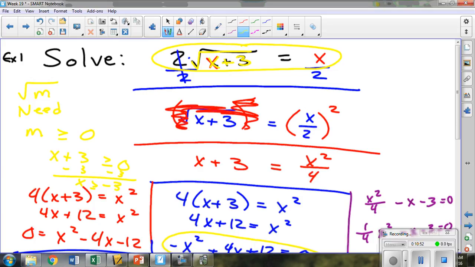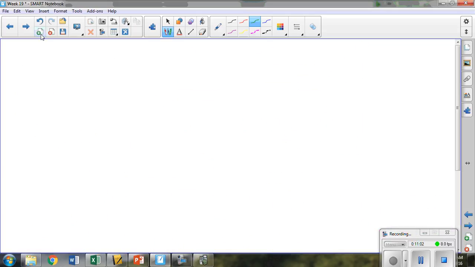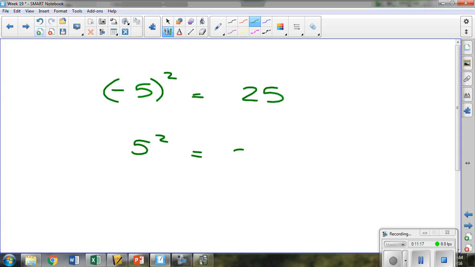Well, there is also another algebraic problem that we run into as well. If I were to tell you, and I want to put this on a new page so it's less cluttered. True? True?